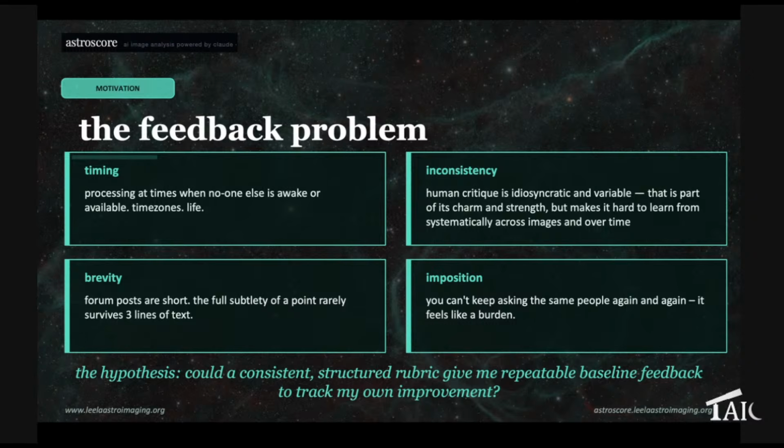But as a learner, it does make it difficult to learn systematically because different people will have different comments, which is great. But sometimes the same person will give different feedback at different points in time. And so, as a learner, you're always trying to figure out what to make of that. And also, you just don't want to keep asking people again and again. It feels like you're imposing a burden.